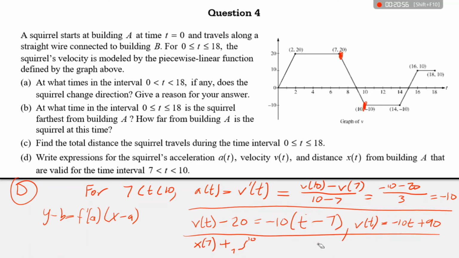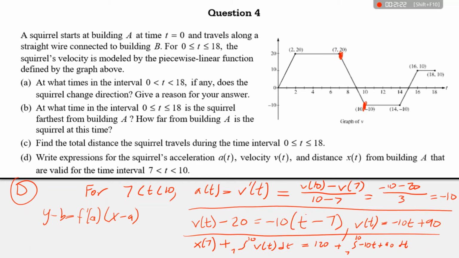So this is x at 7 plus the integral from 7 to 10 of our velocity in terms of time, which is the same thing as x at 7, you told me was 120, which is right, plus the integral from 7 to 10 of negative 10t plus 90 in terms of time.